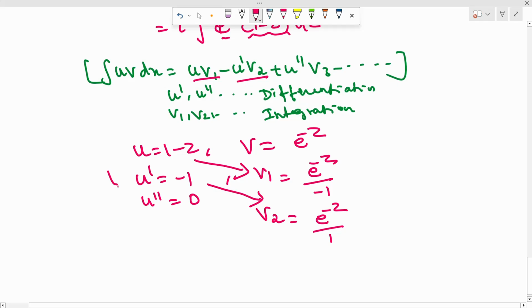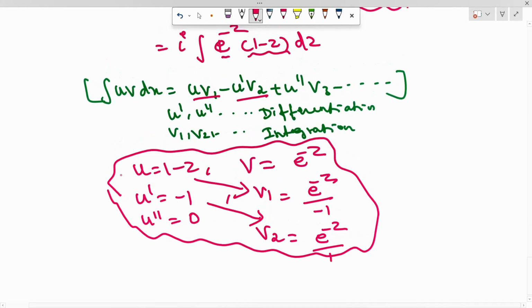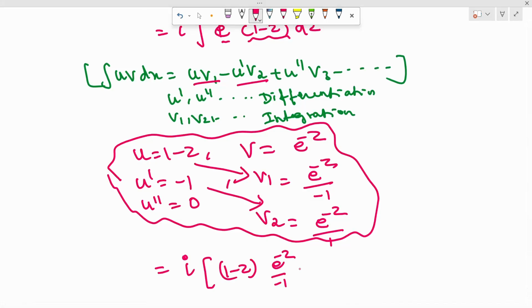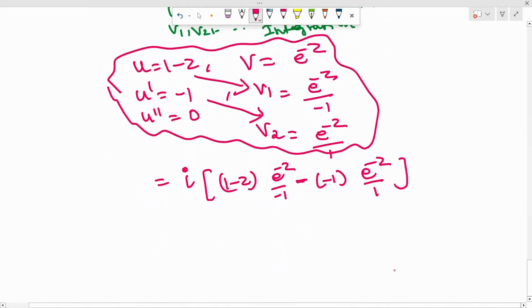Now substitute these values in the formula. It equals i into u v1, which is 1 minus z into e power minus z by minus 1, minus, this is the formula sign, u dash, which is minus 1, into v2, e power minus z by 1; the next term is 0, so we can stop the process here.